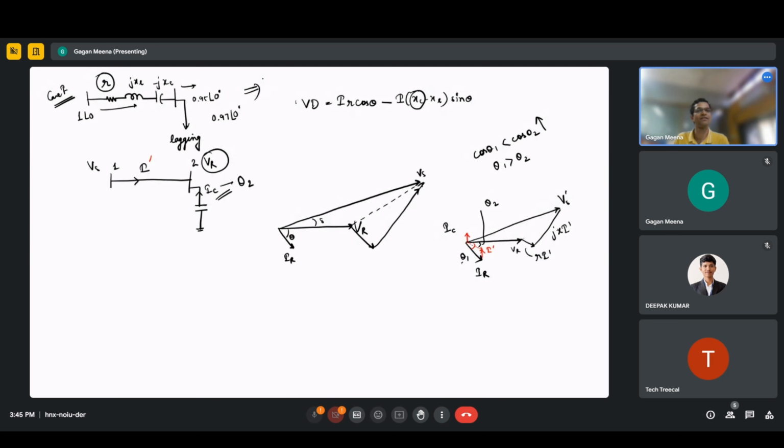Here the current is the same, because it is in series. Whatever current is flowing here, the same current is flowing through the series capacitor also, and the magnitude will change.